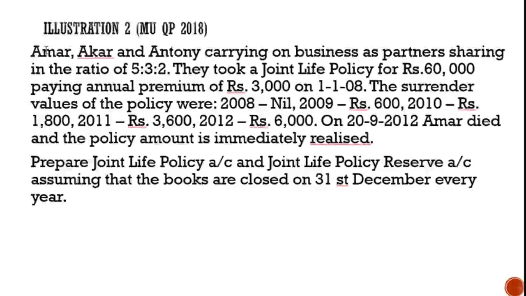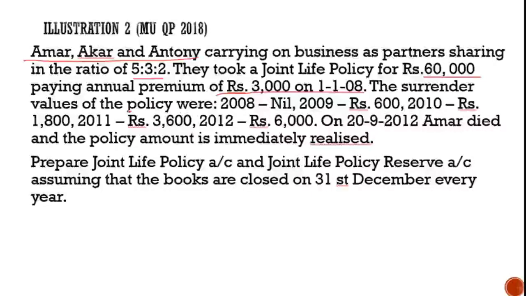Now we will see the second problem. There are three partners, Amar, Akbar and Anthony, and their profit sharing ratio is 5:3:2. They took a joint life policy for rupees 60,000 and paid an annual premium of rupees 3,000 on 1/1/2008.